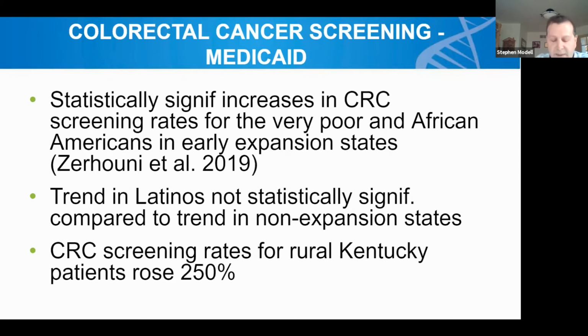This program utilized specialist training and financial assistance guidelines, as well as principles of cultural tailoring. Rural populations have also benefited. So we see that in the state of Kentucky, Medicaid patients have actually experienced a rise, something like 250%, in those who have undergone CRC screening. Next slide, please.